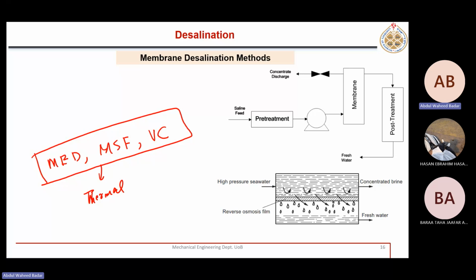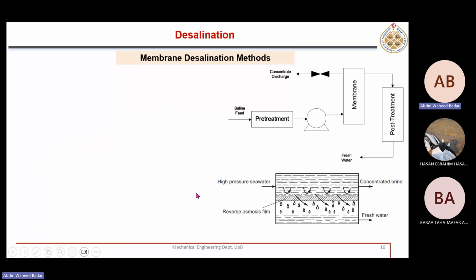And the major source of energy is in the form of thermal energy. That's why those are known as thermal desalination methods. The next method, which is not a thermal based method, is called reverse osmosis. The most commonly used around the world is actually this reverse osmosis system for desalination purposes.